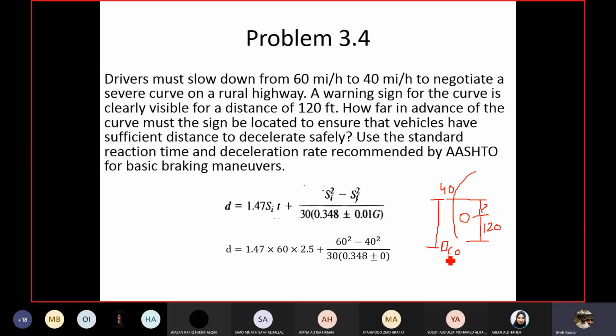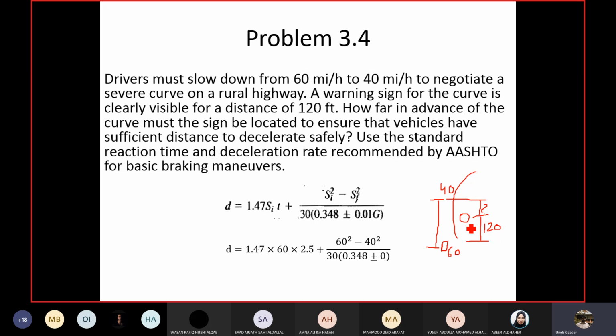So how much distance is required to go from 60 to 40? I can calculate it using the stopping distance equation. Again, why am I using the stopping distance equation? Why not braking distance? Because he will go from 60 to 40 in response to the sign. When he sees the sign, he will try to process what the sign is saying, then he will decide he has to slow down.